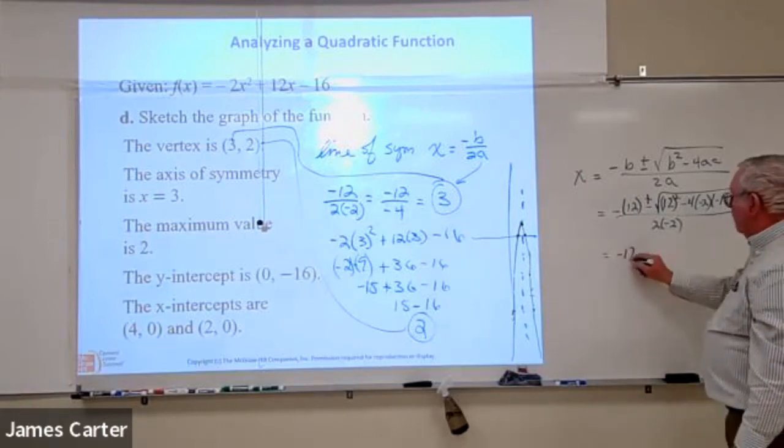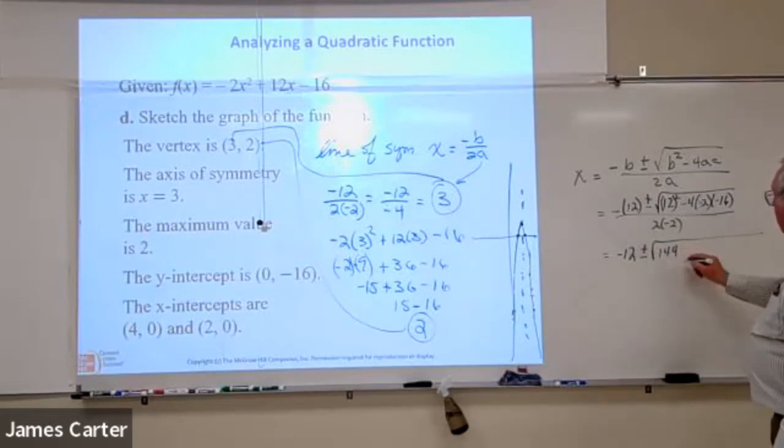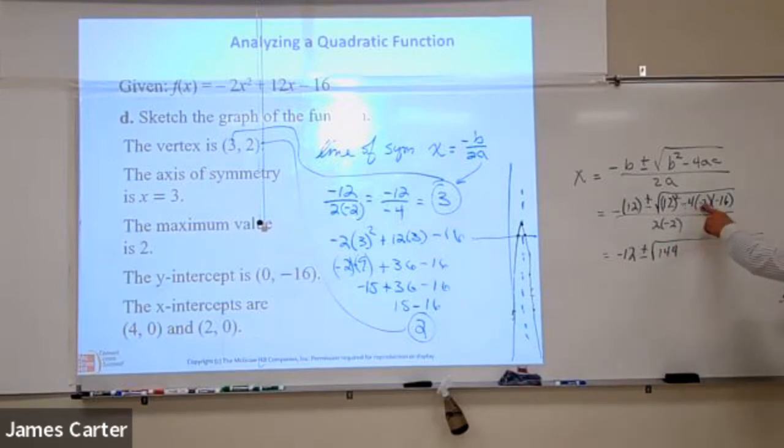Equals negative 12 plus or minus the square root of 144 minus, minus times minus is positive, times minus is negative, 4 times 2 is 8 times 2. Uh-oh, I don't like that. 4 times 16 is 64 times 2 is 128. They're the same numbers, but some ways it just works in your head easier than others. And when it's all multiplication, the order doesn't matter. So 128 goes here, all over negative 4.